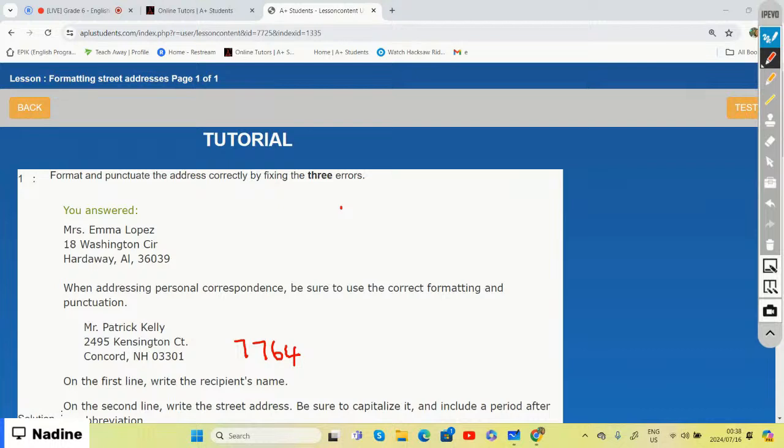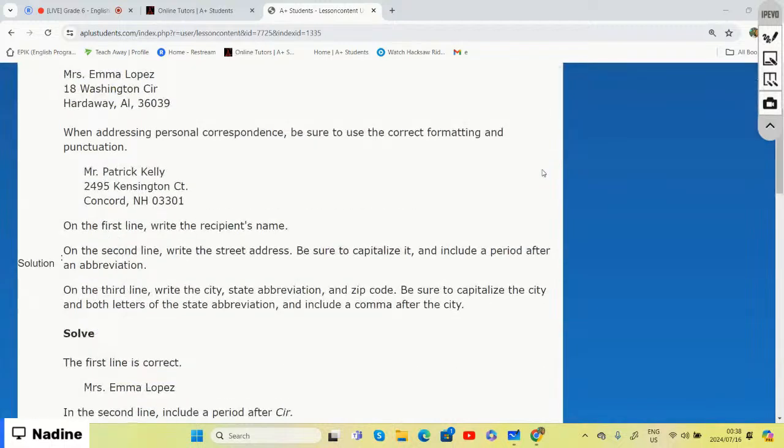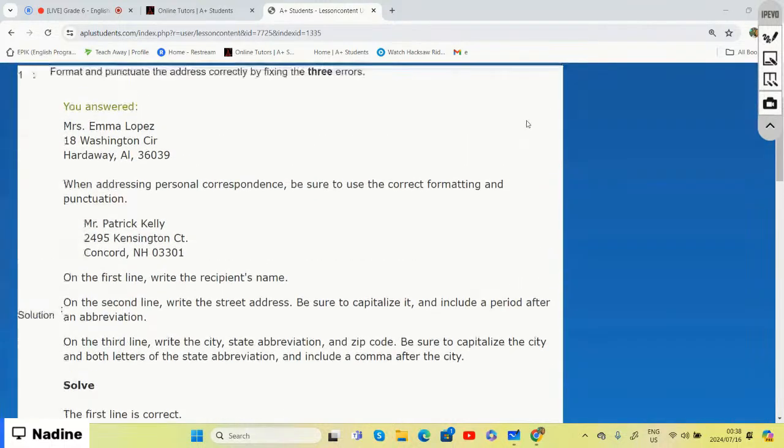All right. Now we see a few examples of how to format our address. In the first line of formatting our address, it is the way they are going to address the recipient.